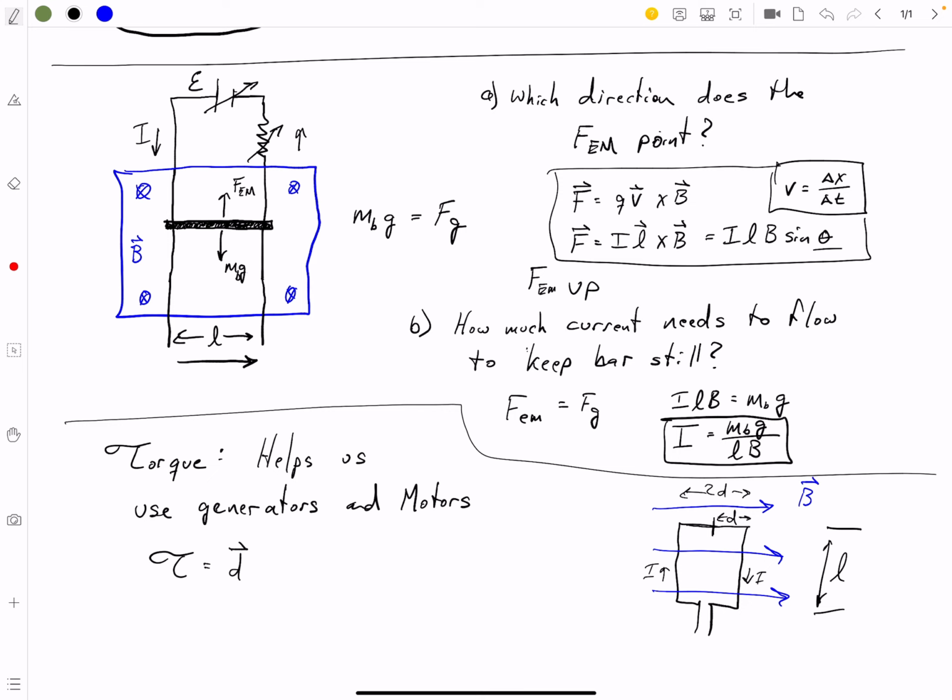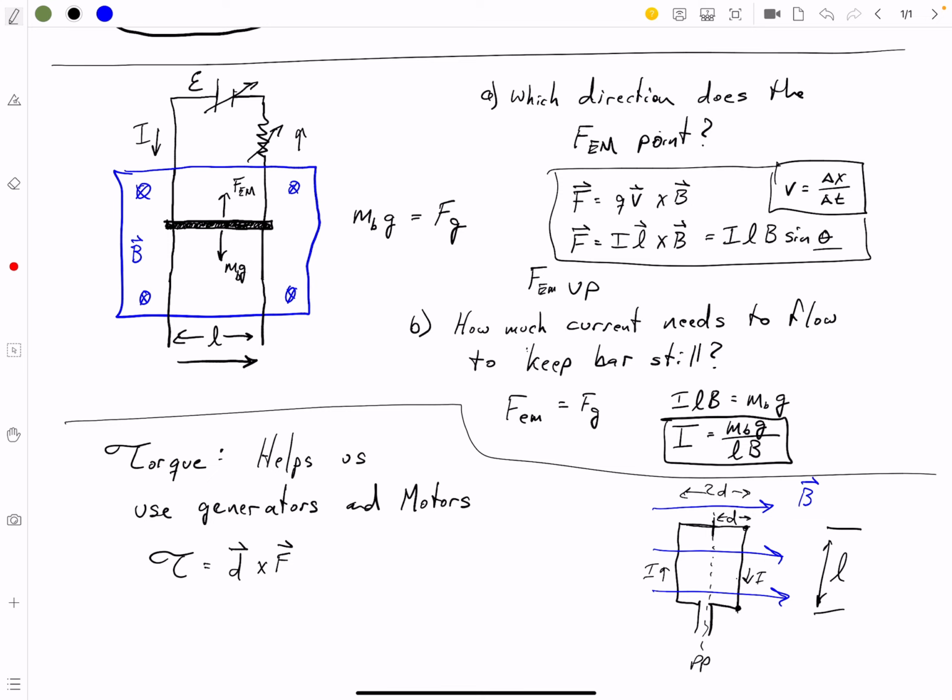So again, d cross F is our torque, because our axis of rotation is right there. So that's our pivot point, okay? And it's this side of it that's going to be moving in relation to that pivot point. So d is the distance from that to our pivot point.